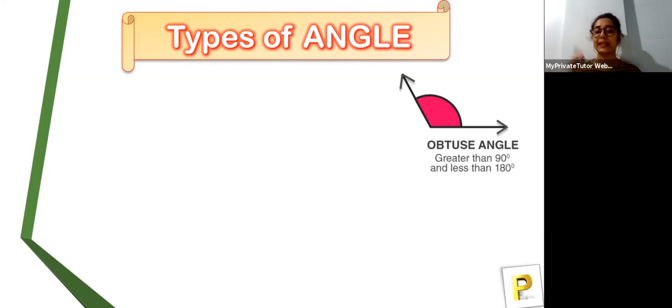The main thing to remember is that obtuse angle means greater than 90 degrees. Even if it's 91 degrees, it is an obtuse angle. Even if it's 179, it is also an obtuse angle. So greater than 90 and less than 180 degrees is considered an obtuse angle.